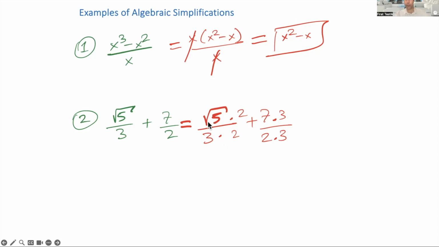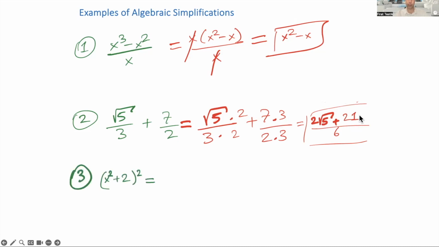So we have square root of 5 times 2 divided by 3 times 2. Remember, we multiply both the numerator and the denominator by the same number, plus 7 times 3 divided by 2 times 3. The denominators are now identical. 3 times 2 is 6, 2 times 3 is 6. So we have a single denominator, which we can express as such. And the numerator is 2 times square root of 5 plus 7 times 3, which is 21. All right, so this is the second example.